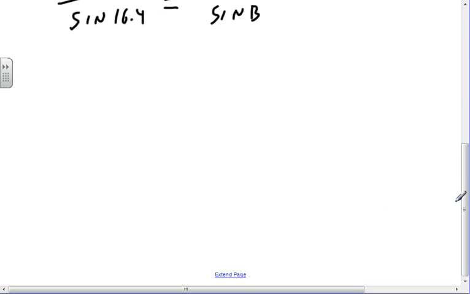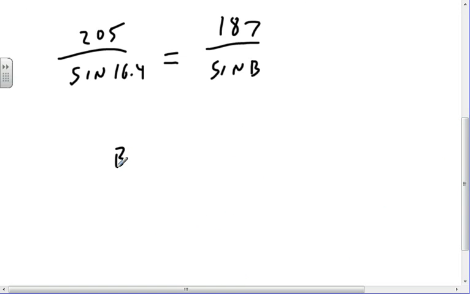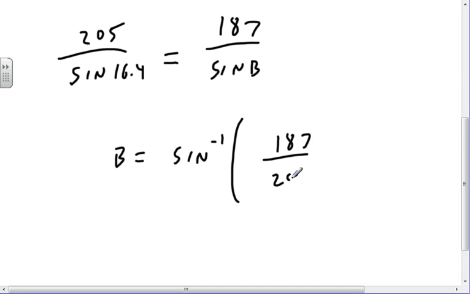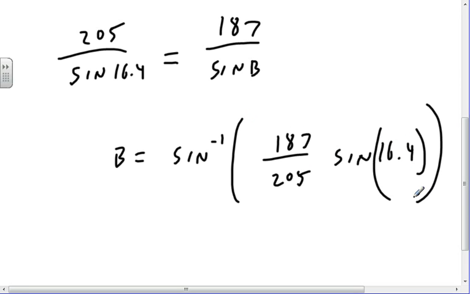Okay, doing some cross multiplying, we say B is equal to the arc sine of 187 divided by 205 times the sine of 16.4. Hope we have enough parentheses.